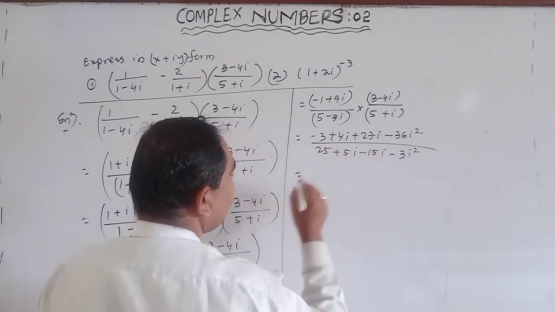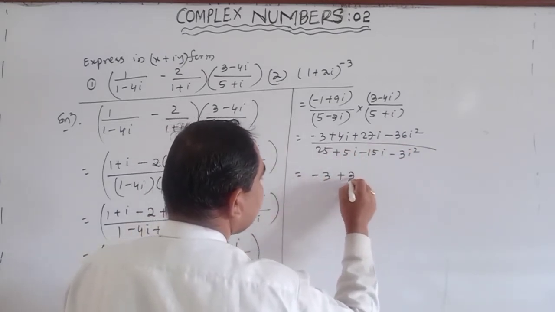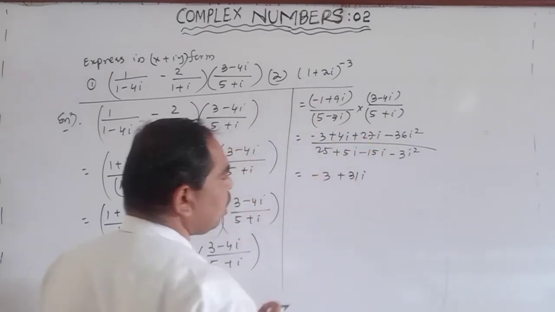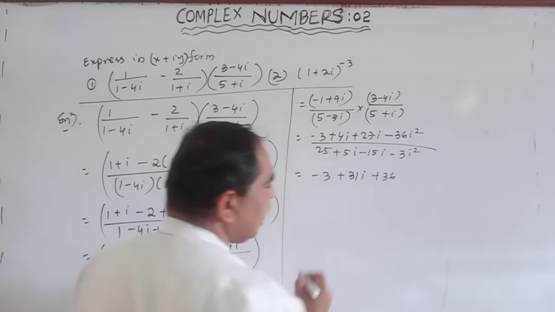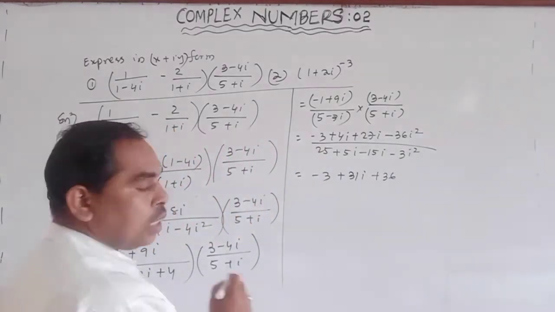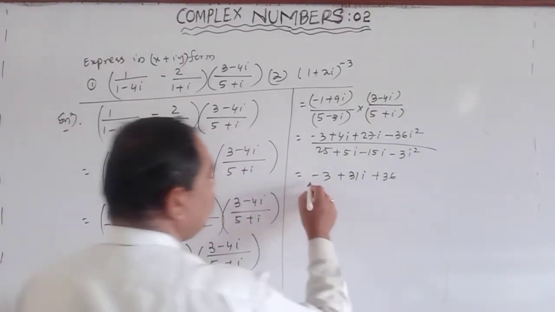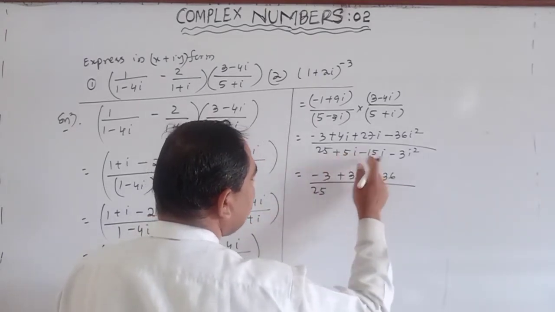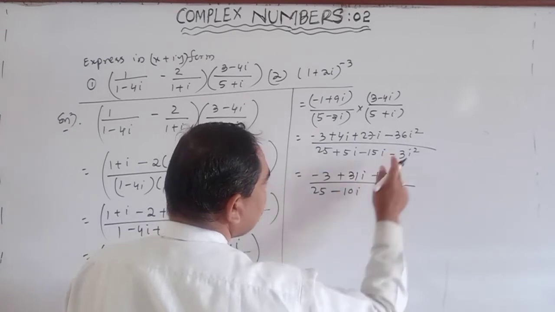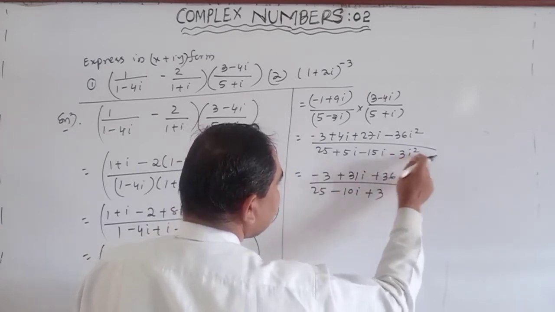So it is equal to minus 3 plus 31i (27 plus 4 is 31i), this is plus 36 because i square is minus 1, divided by 25 plus 5i minus 15i, which means minus 10i, this is plus 3 because i square is minus 1.